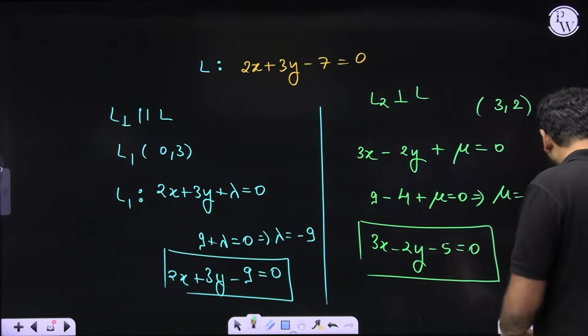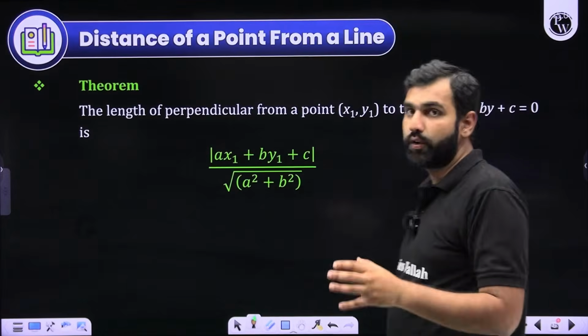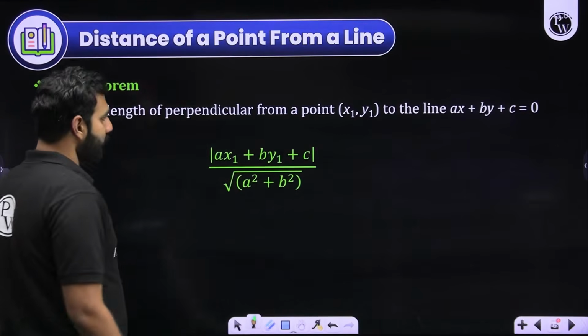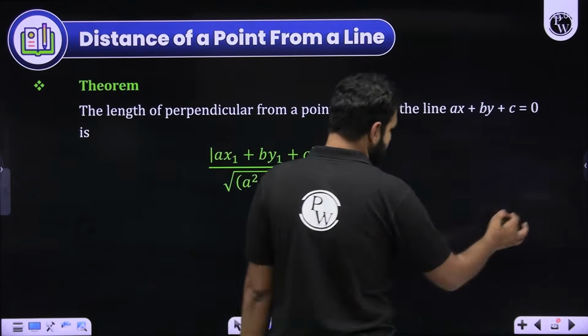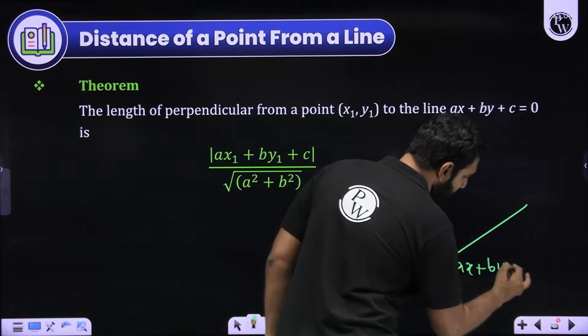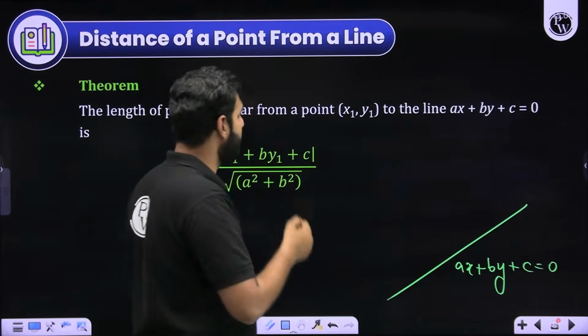These are some very basic general observations which I'm giving you, which if you use, you will get a lot of great results. Now there comes another very important conclusion. Let's say there is a straight line. The equation of the line is given by ax plus by plus c is equal to 0. And there is a point x1, y1.